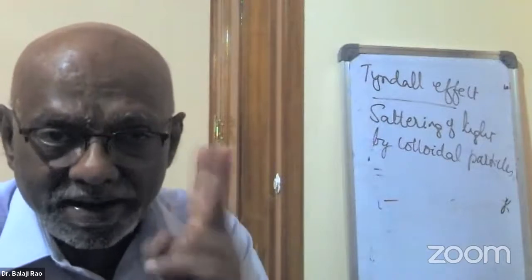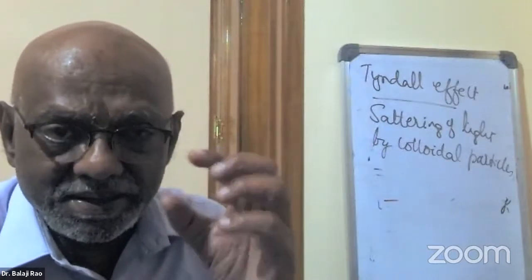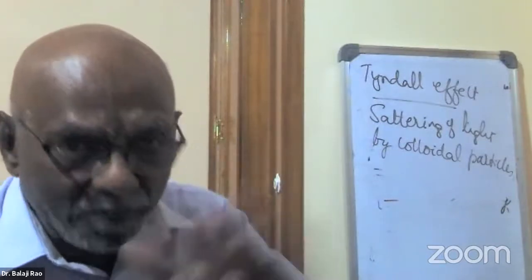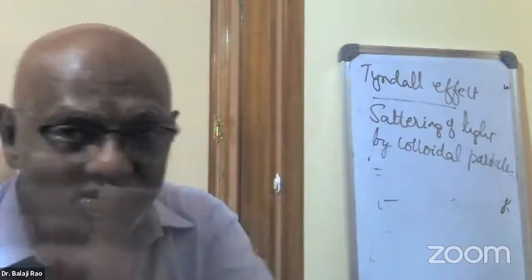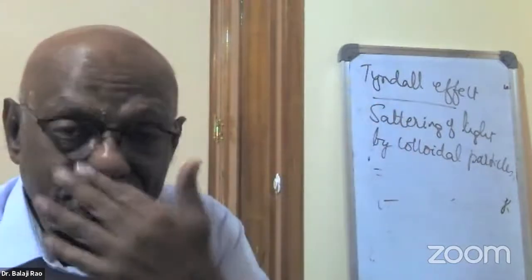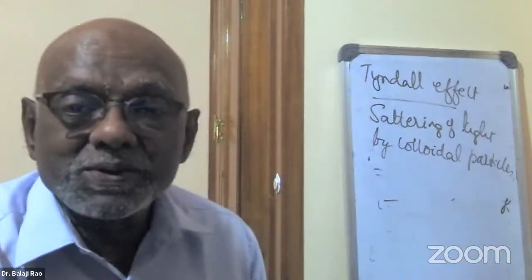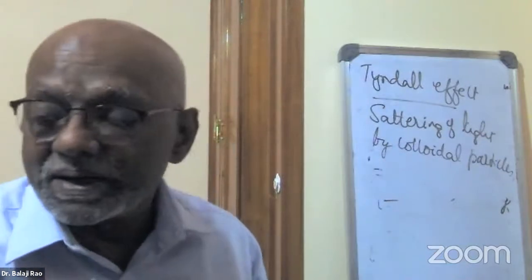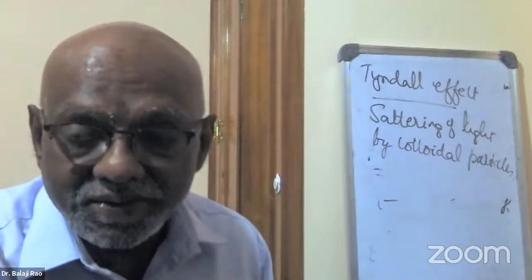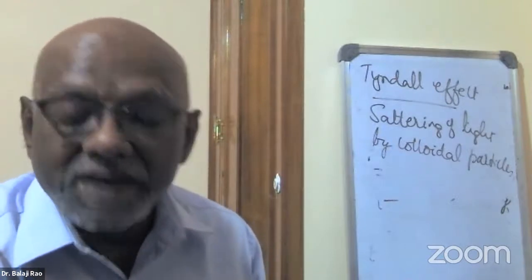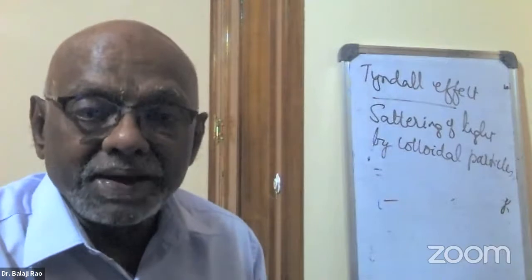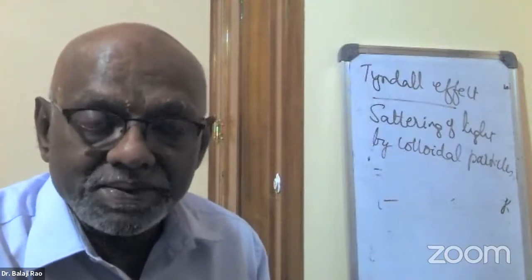In your headlight beam, you can see the path of your own beam, and the smoke is scattering that light. So these are some live examples of what is called Tyndall effect. So Tyndall effect is the scattering of light by colloidal particles.